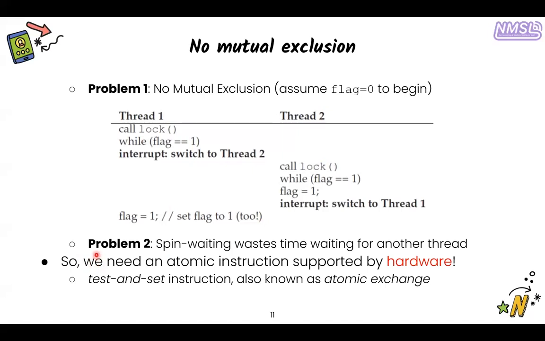The second problem is efficiency and performance. Basically, spin waiting is really wasting time. So we're going to need some help from the hardware, and we're going to next go into something called test and set, which is also known as atomic exchange.